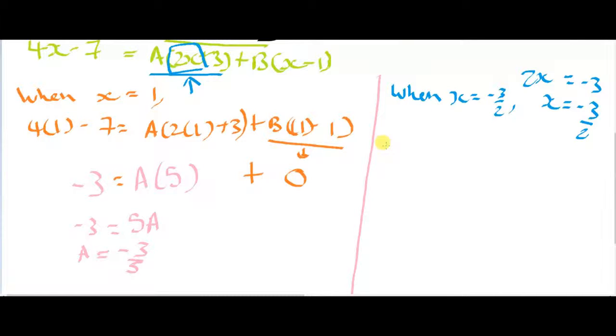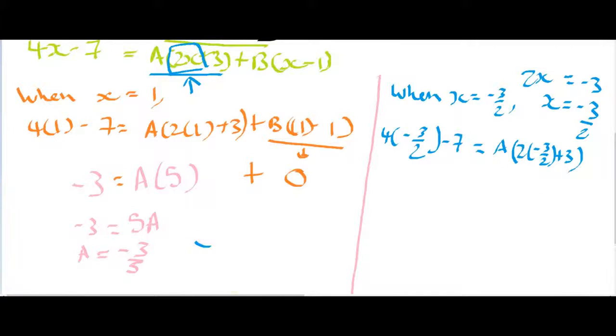4 times minus 3 over 2 minus 7. Well, let's just write it down. A(2 times minus 3 over 2 plus 3), right?